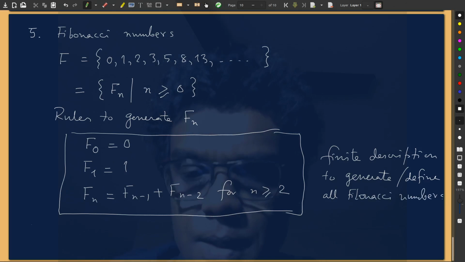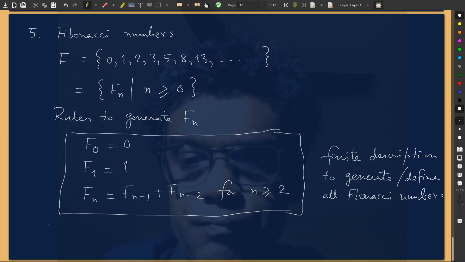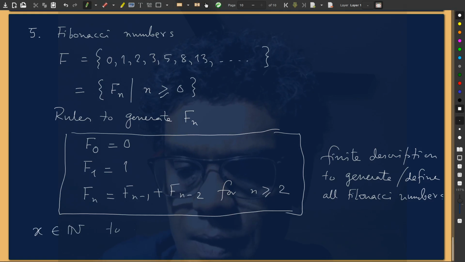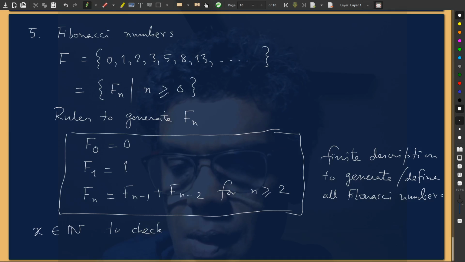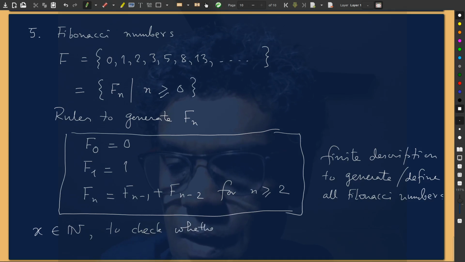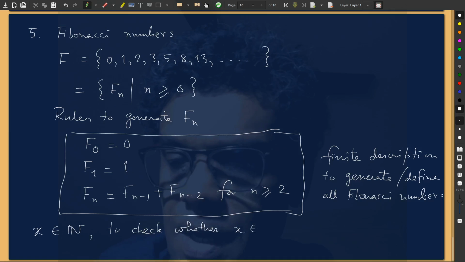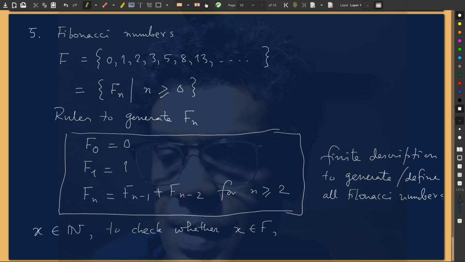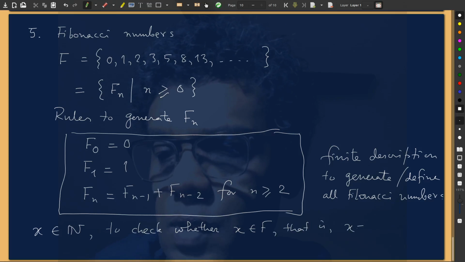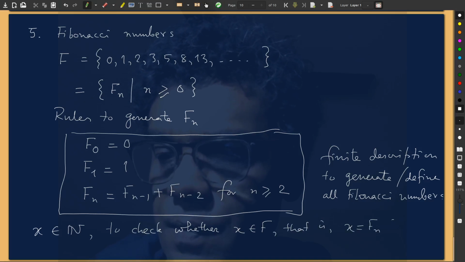Okay. So given x in N, to check, this is the language membership problem, whether x is in F, that is, x is equal to F_n for some n.